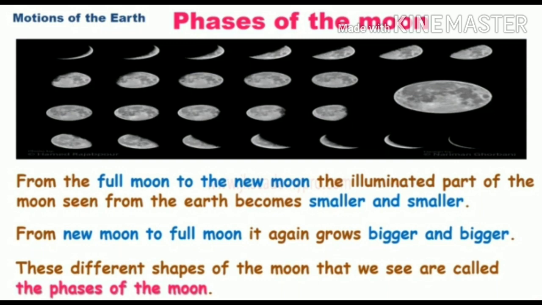Here children, remember that the moon is not growing bigger or smaller, but the lighted part which can be seen from the Earth grows bigger or smaller. These different shapes of the moon that we see are called the phases of the moon.